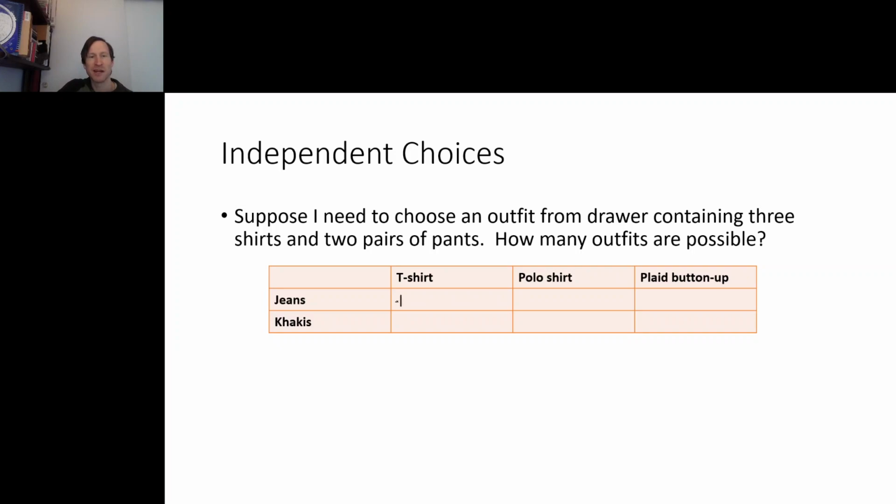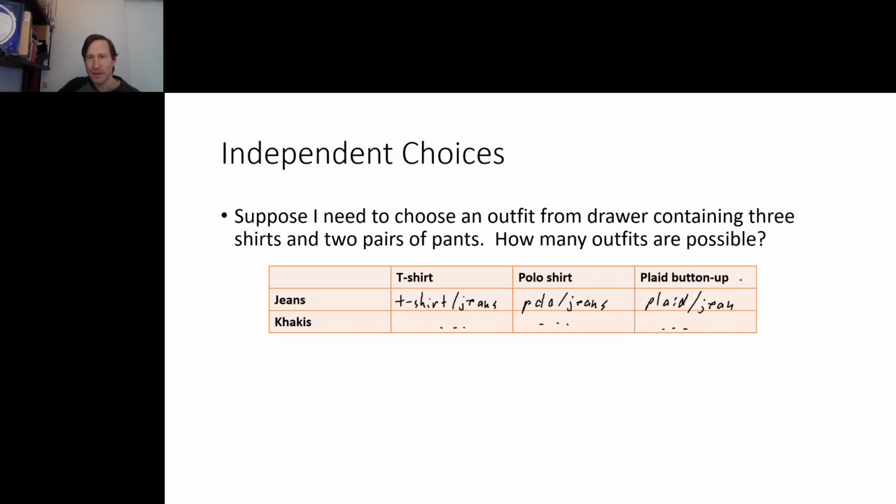I could wear my t-shirt and jeans, or my polo shirt and jeans, or a plaid shirt and jeans, and so on. Same with wearing khakis for my pants instead of jeans.